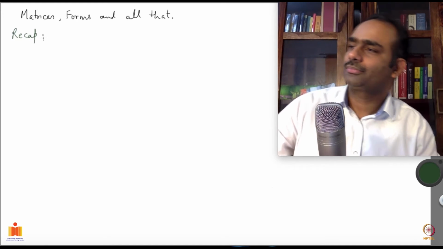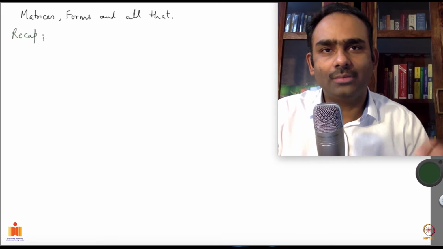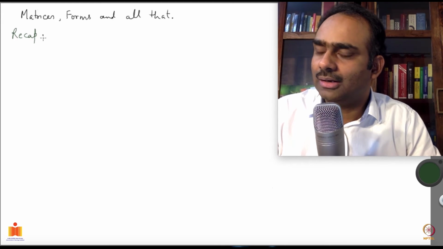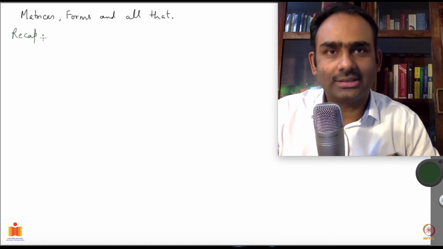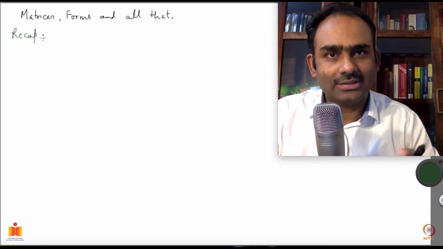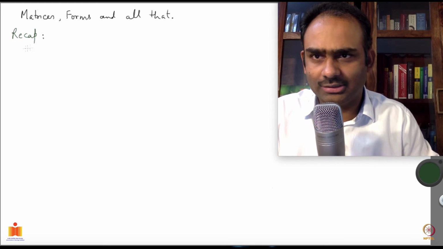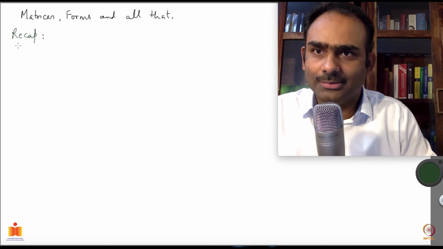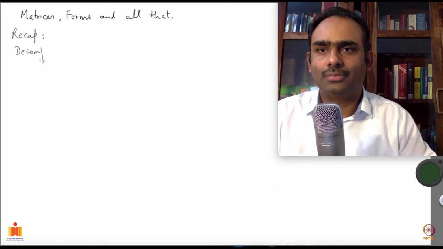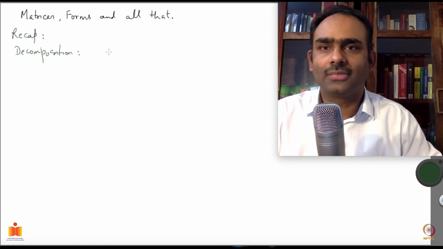So last time we saw that we can decompose any n cross n matrix into a traceless symmetric part, a part which contains the trace, which is proportional to identity, and an antisymmetric part. Okay, so that's what we talked about. So let me write it. Decomposition. This you can always do.